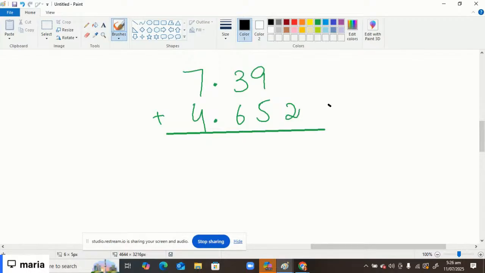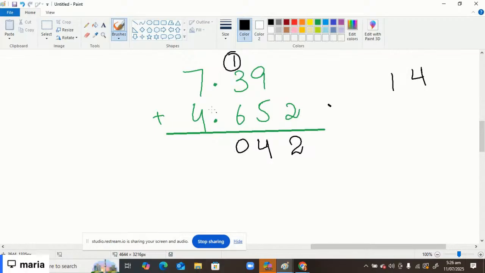So now look at here. 2 as it is because there is nothing. 9 plus 5, what is the answer? That is 14. So putting down the right side digit, left side digit moves up. 1 plus 3 plus 6 is, 6 plus 3 is 9 plus 1 is 10.